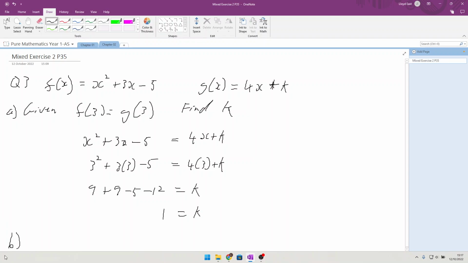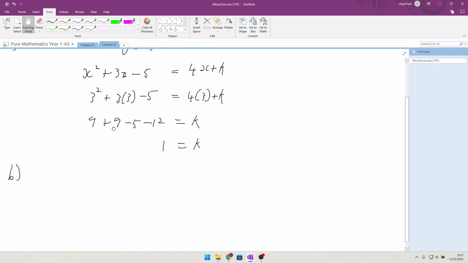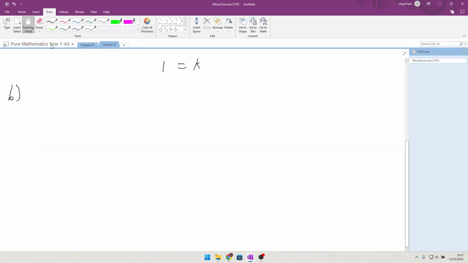Next, they want to know, find the values of x when f of x equals g of x.